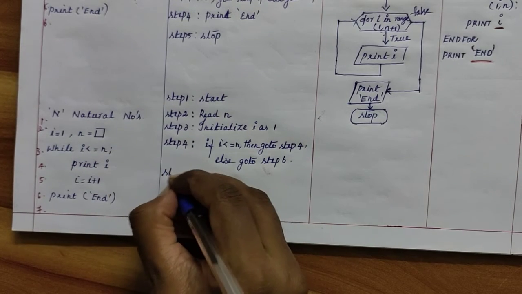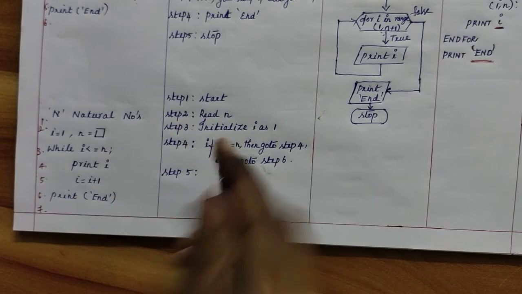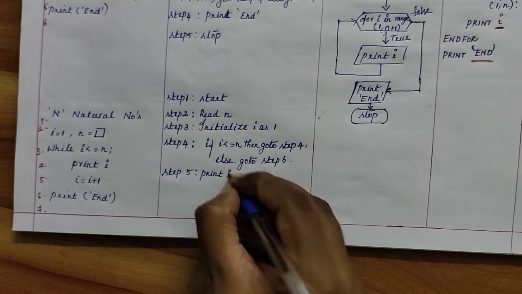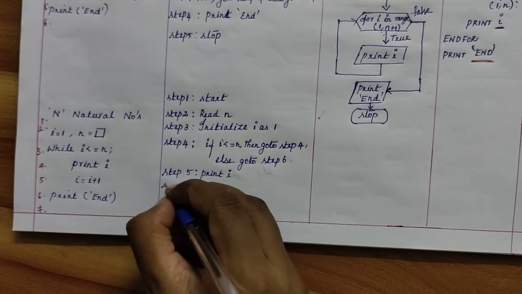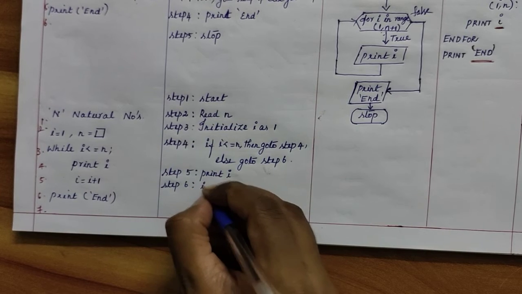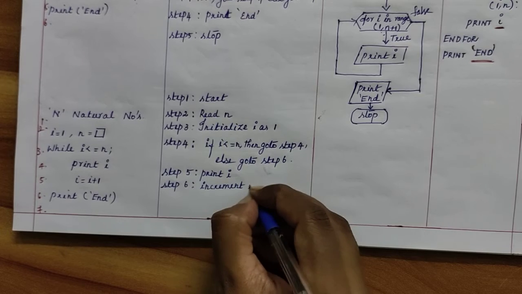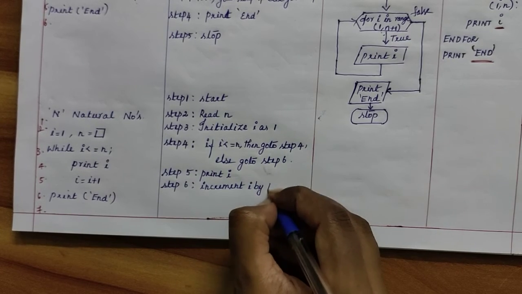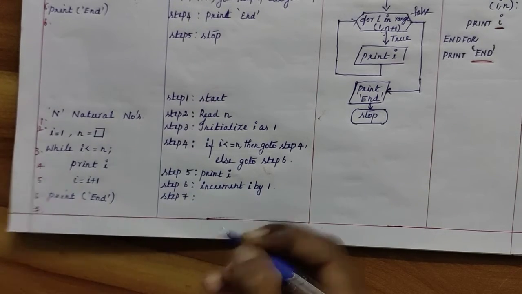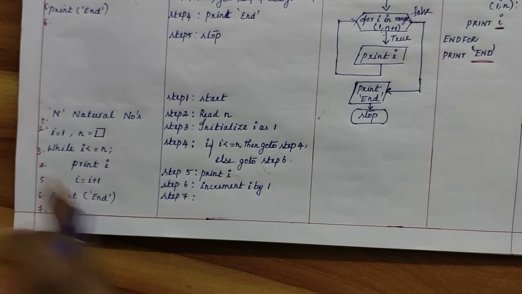Then our next step, step number 5, is print I, and step number 6 is increment I by 1, and step number 7 is, that is after executing this statement control should go to the while, right?